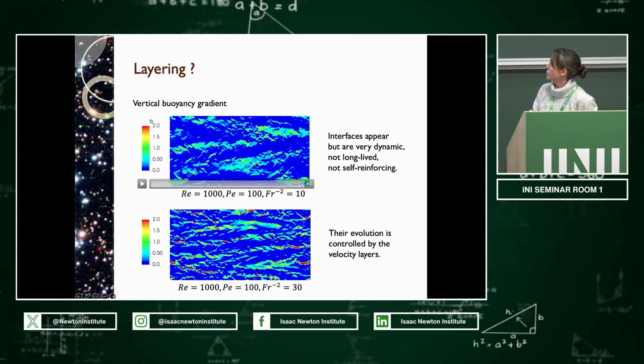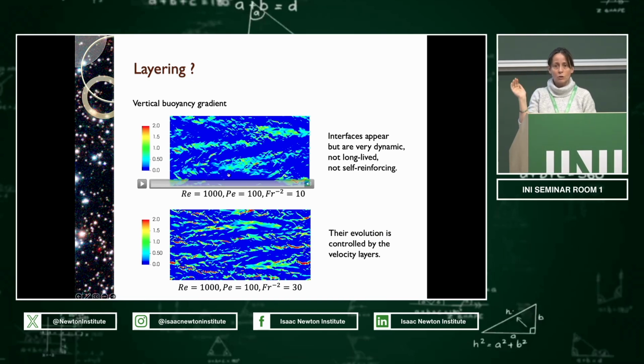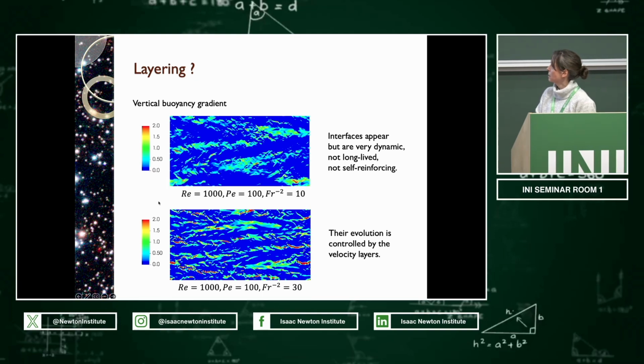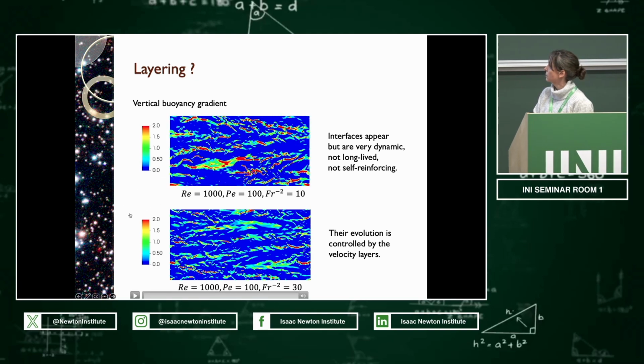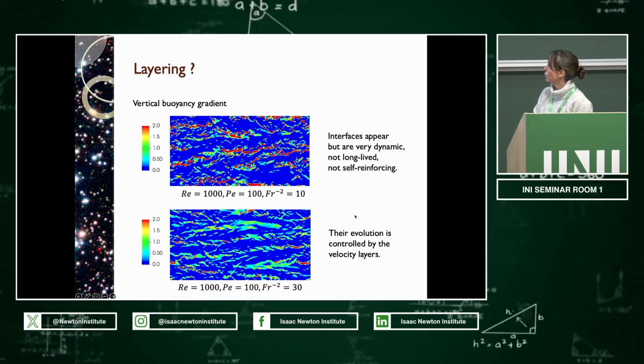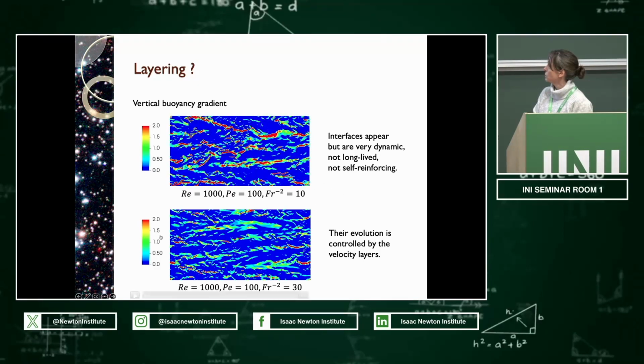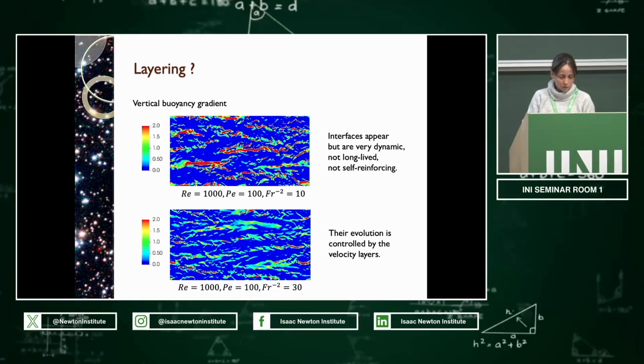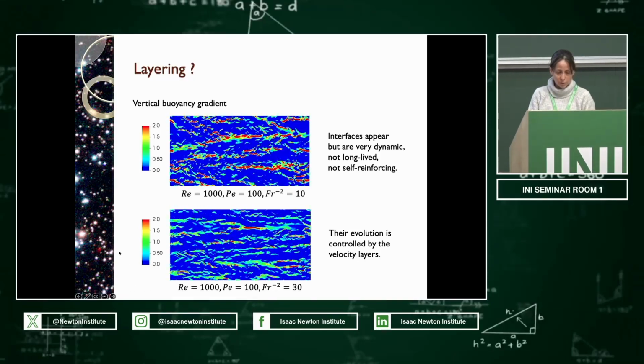The color is just the buoyancy gradient. Red means strongly stratified, it's an interface. Blue is not stratified, it's just a layer. This is what it looks like for the slightly more weakly stratified case, and this is what it looks like for the slightly more strongly stratified case.